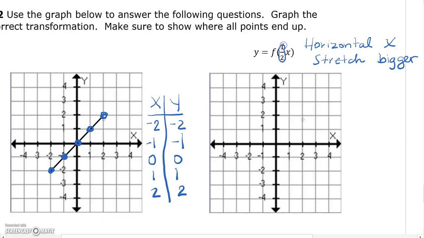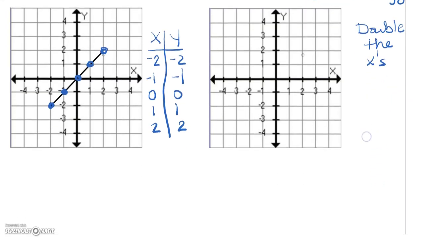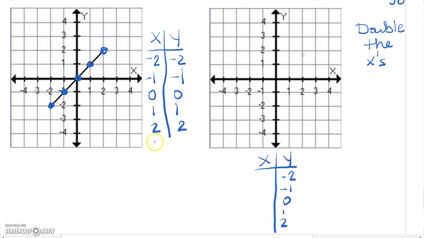So the opposite of halving something is actually doubling it. So we have to double the x's. So if you make your new table, the y's are going to stay the same. The x's are going to be multiplied by 2. So I'm going to let you do that, times 2 to all the x values. And then you have to graph it.